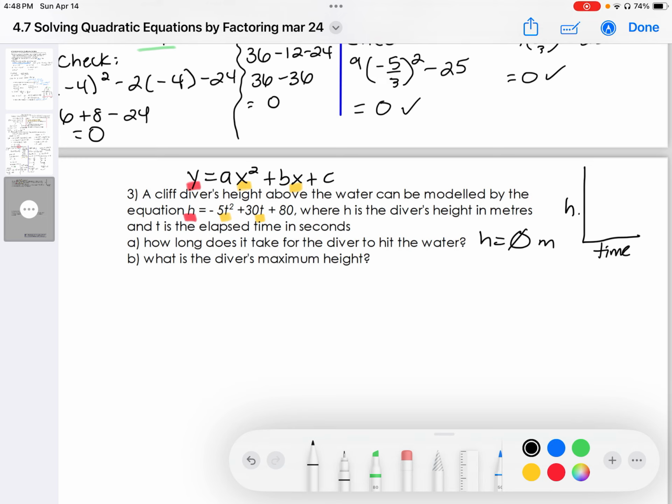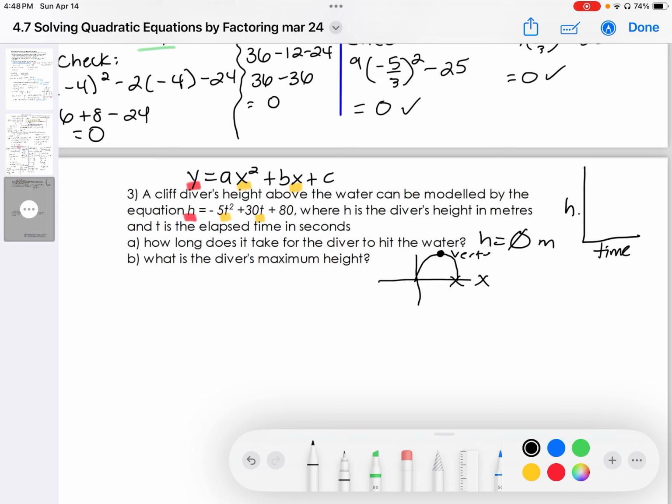Okay? So in A, we're going to look for how long it takes the diver to hit the water, and we're going to make sure that the time we choose is the one that makes sense. And then we're going to solve for the diver's maximum height. So yes, where the diver hits the ground is going to be important, but also its maximum value.